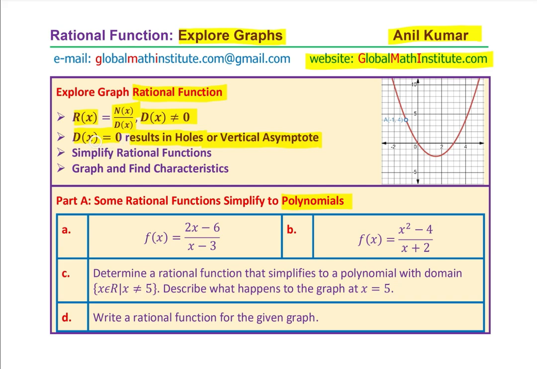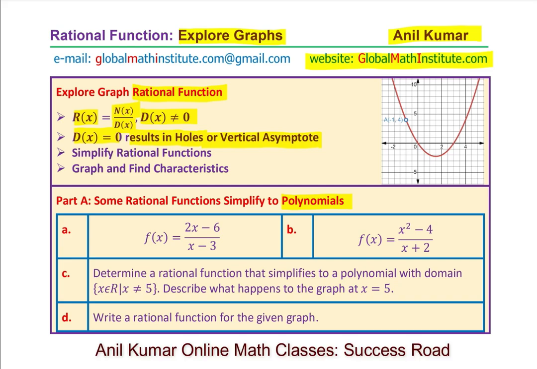We come to know whether there are holes or vertical asymptotes by simplifying a rational function. Just as in fractions, you cancel out common factors in numerators and denominators, in rational functions also, the polynomial factors will be cancelled to simplify. Once we do that, we come to know whether we have a hole or a vertical asymptote. Perfect?